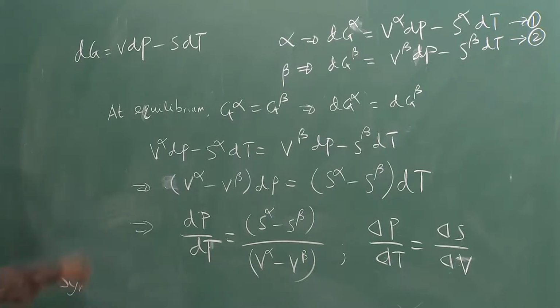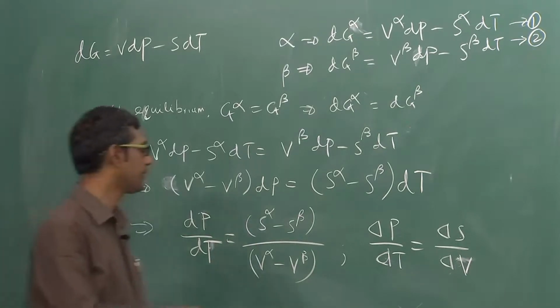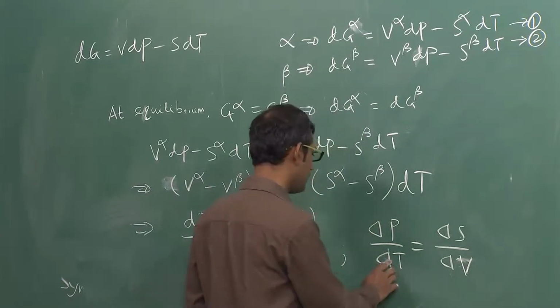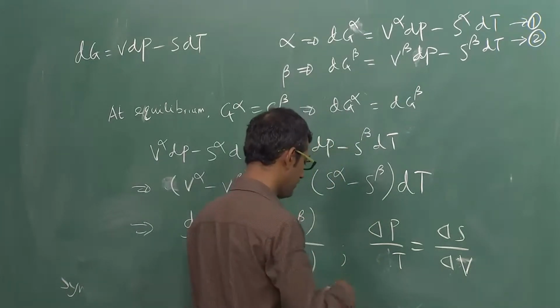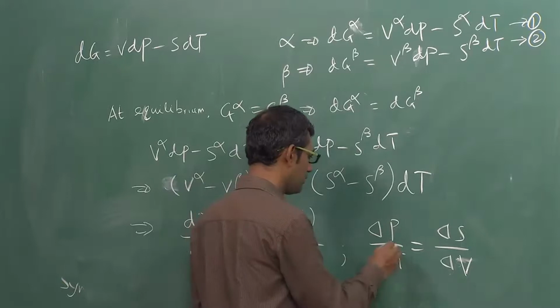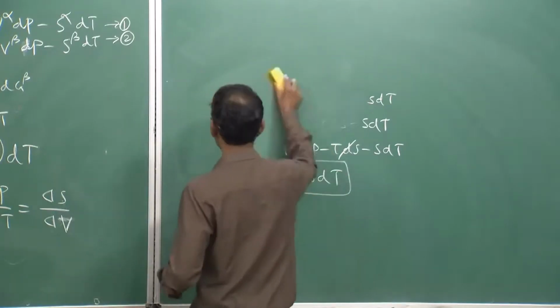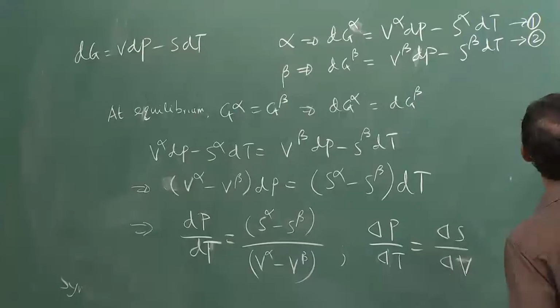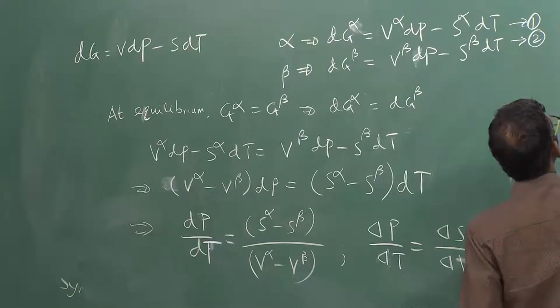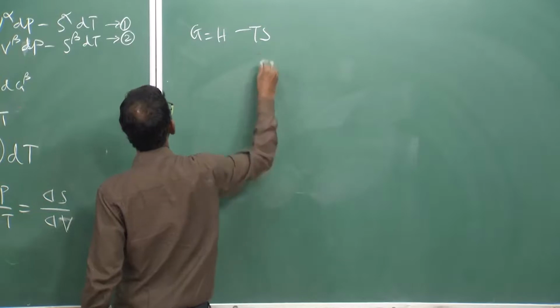Correct. So we can modify the equation further. How can we modify the equation? Very simply. We know that G is nothing but H minus TS, right?